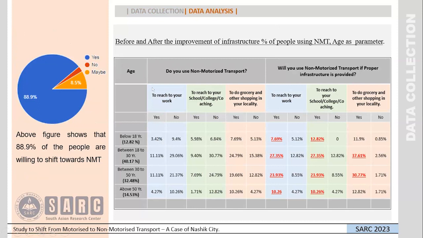According to age, this chart shows the parameter of age, like people who use NMT to go to work, to reach school, college, coaching, and to do grocery shopping and other shopping in their locality. These people are presently using it, and the red highlighted numbers are the potential of people who will be using it after the improvement of infrastructure.